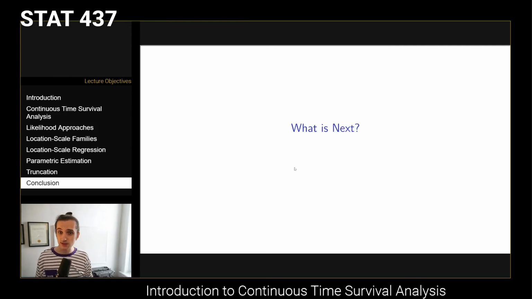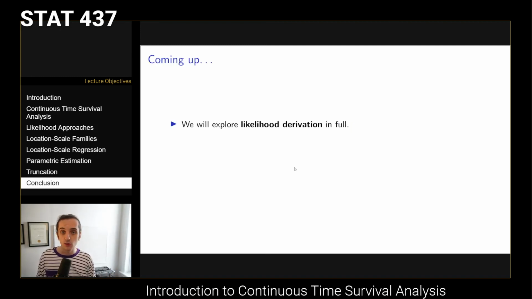And so I want to take just a brief moment to discuss what is going to come up next in this course. In the following lectures, we're going to dive deep into the theory of this. I ran through quickly how to motivate that likelihood today. We're going to talk in a lot more detail about that, where we'll actually work through the process of deriving that.